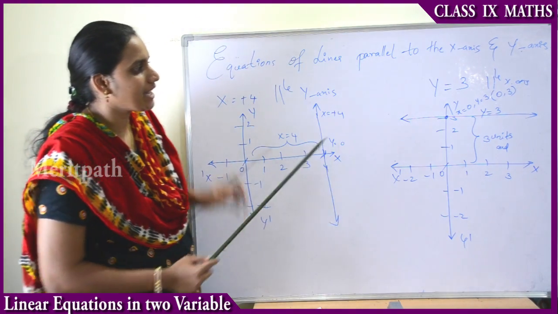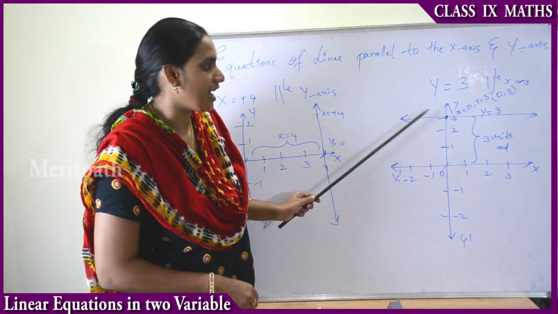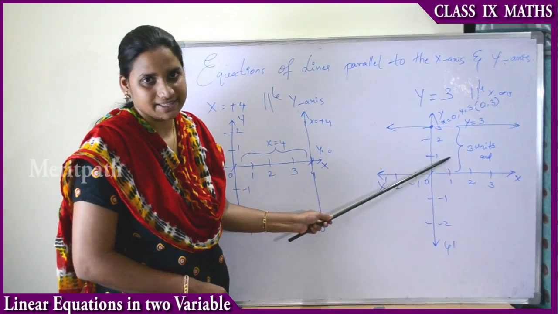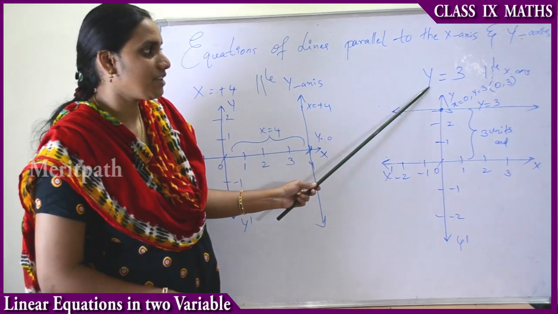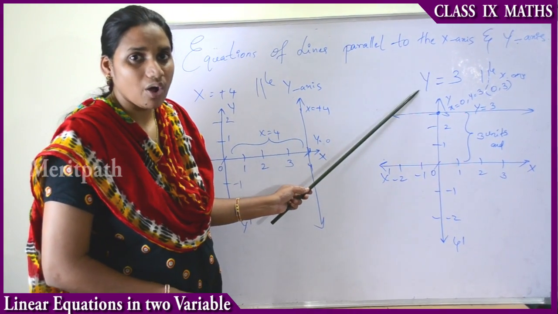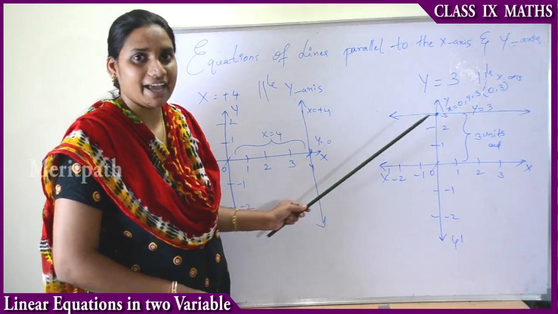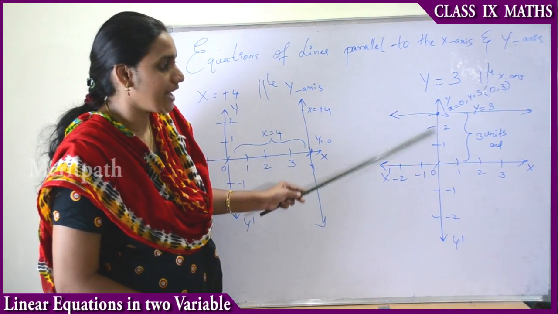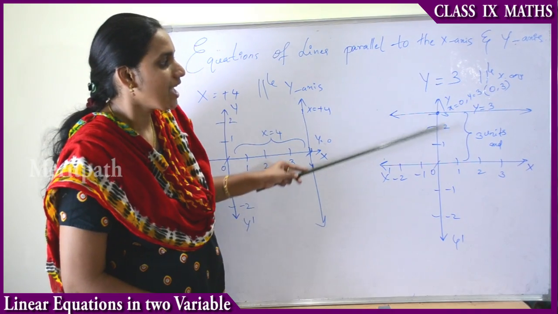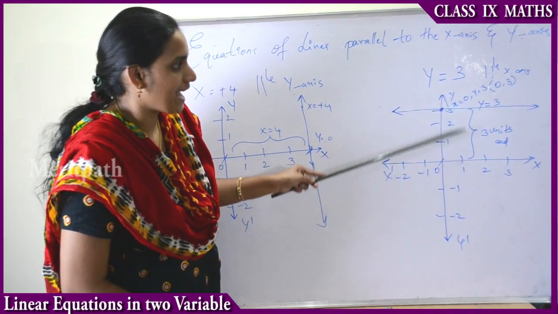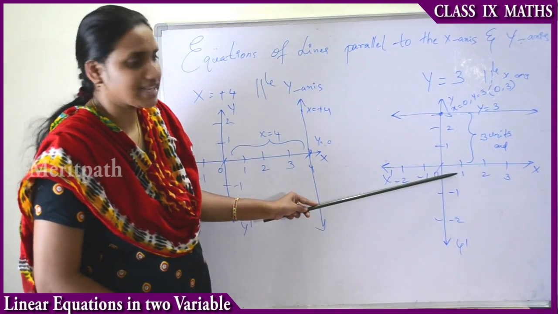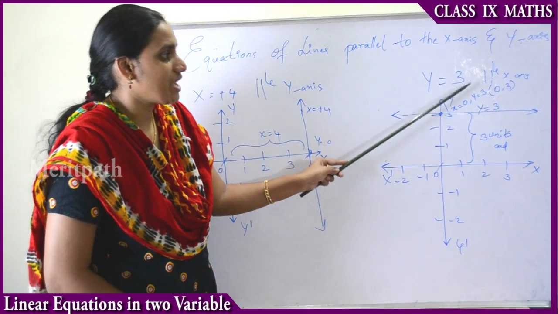In the same manner, let us take another equation, that is y equals 3. That will be exactly parallel to the x-axis. That means y equals 3 means that the y coordinate has 3 units and the x coordinate has 0 units. That is placed on the coordinate plane in such a form, that is y consists of 3 units and x consists of 0, which is exactly parallel to the x-axis.